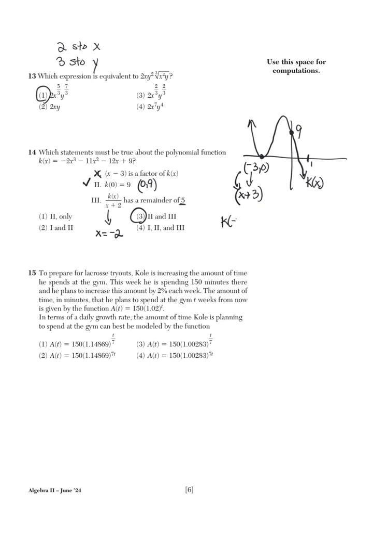So k of negative 2 equals negative 2 times negative 2 cubed minus 11 times negative 2 squared minus 12 times negative 2 plus 9. And you work that out. Now, of course, I like to just do negative 2 store as x and then type this whole expression in, because if you try to do this by hand, a lot of times you can make silly mistakes. So when you end up doing that, you end up getting 5, and that is true. And that's why the answer is choice 3.